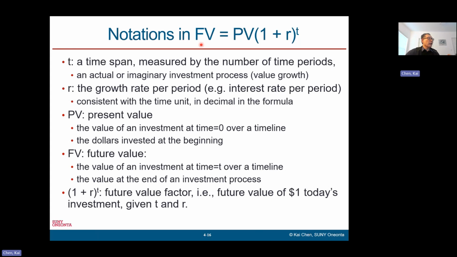When we use this formula, this growth rate should be consistent with the time unit. That means if your time is measured by month, your growth rate should be the monthly growth rate. If your time is measured by year, then this growth rate should be the yearly growth rate.